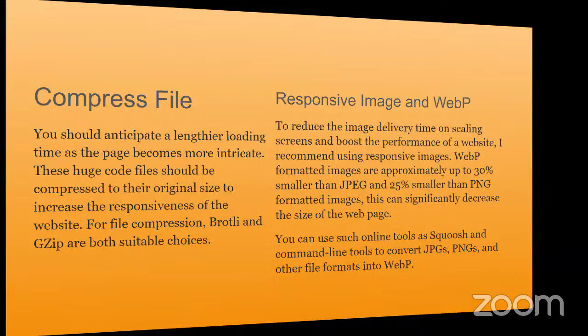WebP images are approximately up to 30% smaller than a JPEG image, or 25% smaller than a PNG image. This brings a significant decrease in the size of the pictures used on our website.